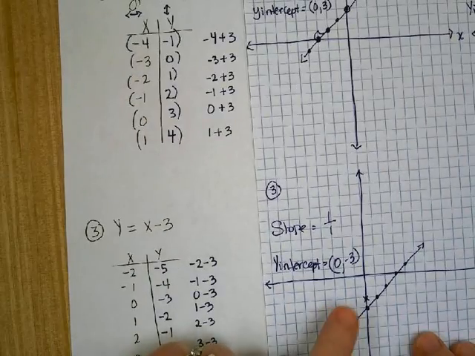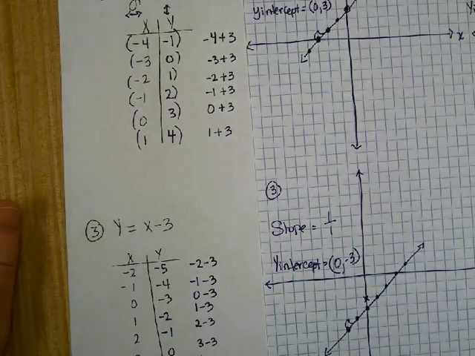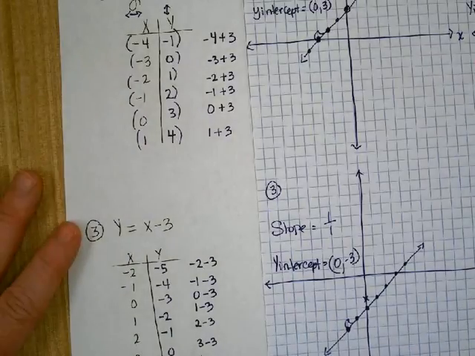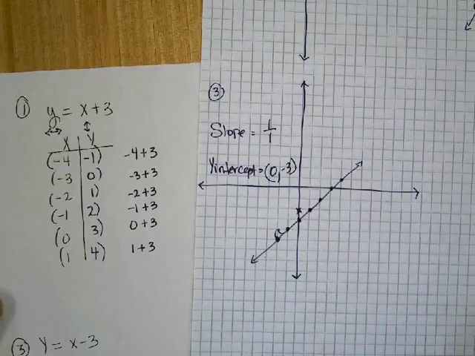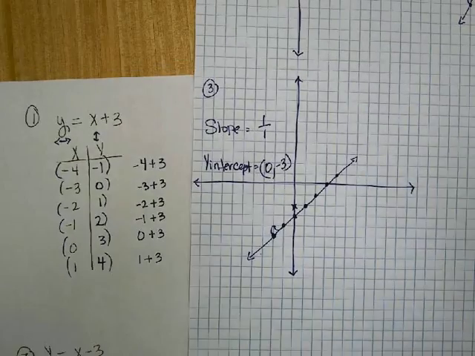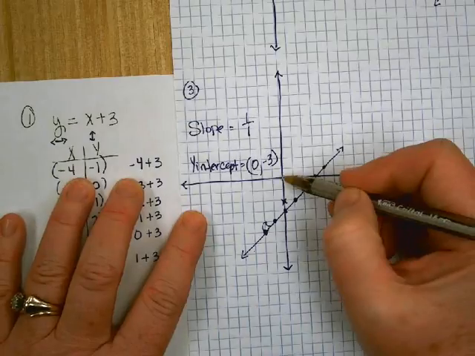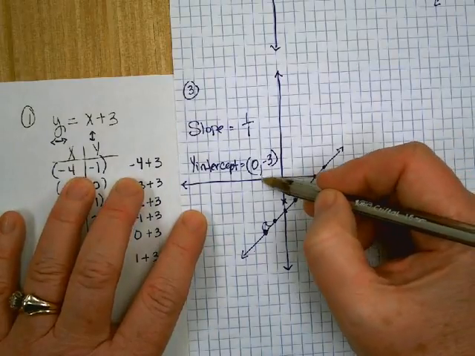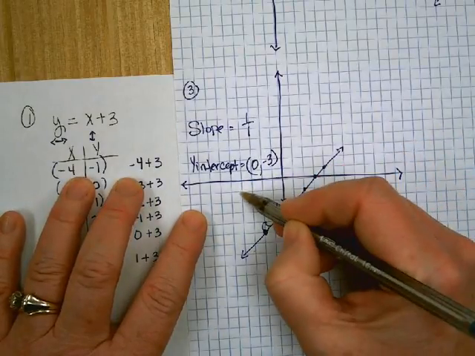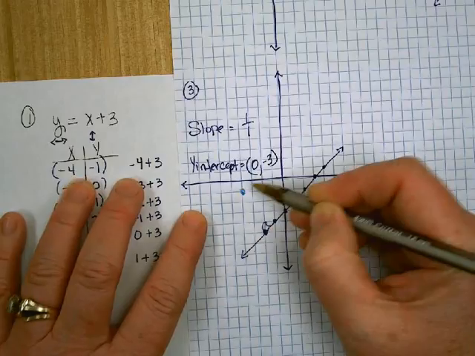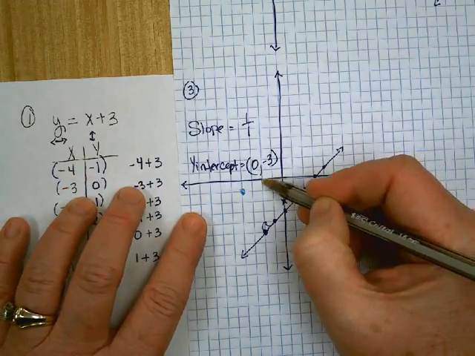Okay? I'm going to use a different color pen up here. I don't know if it'll show up real well, but we're going to graph this one on the same graph. So here we go. Watch me and follow along on your paper. Negative 4, negative 1. Negative 3, 0.